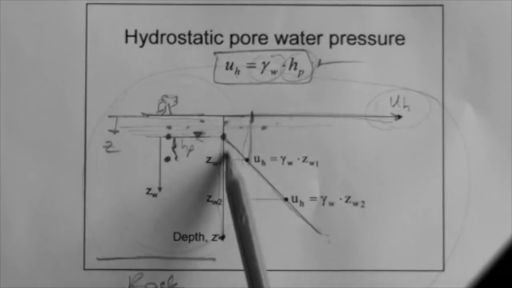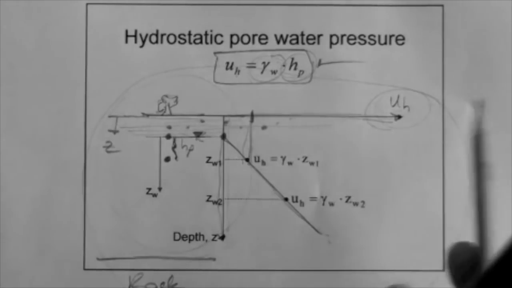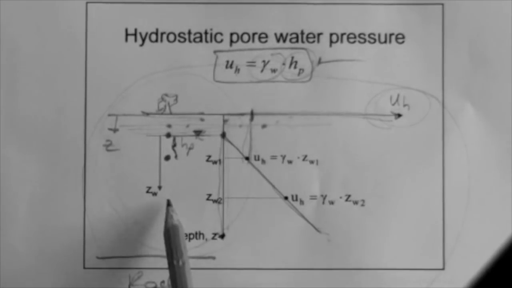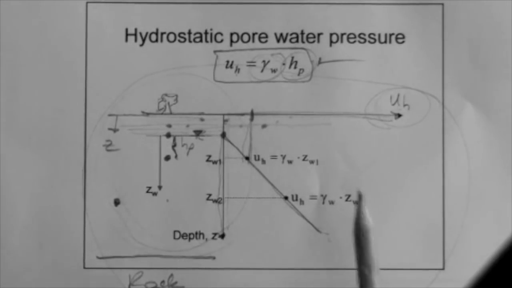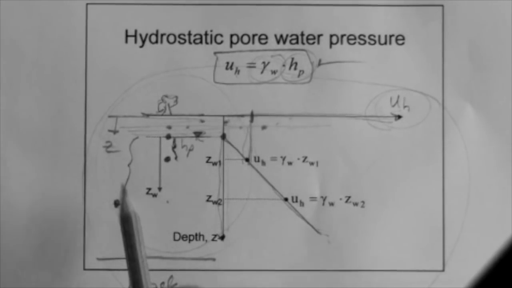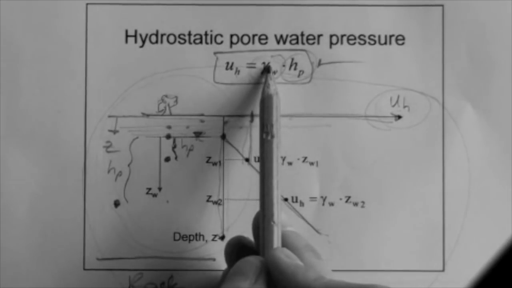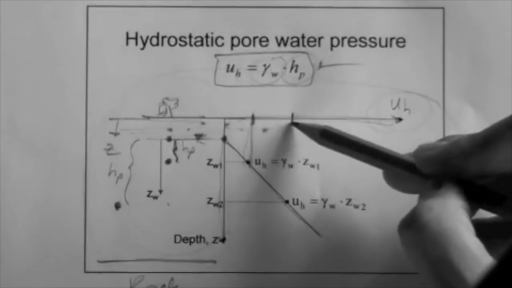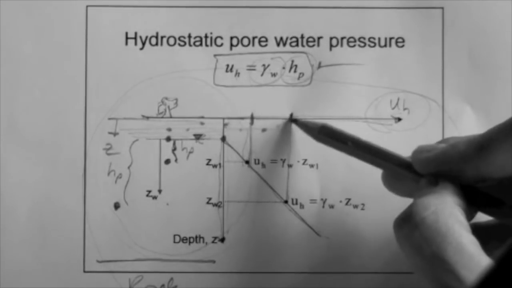This is a plot, x-axis, y-axis, or whatever you want to call it. That's this value. What about at this point over here? Well, that's the pressure head times gamma water. It's that pore pressure. That's the value.